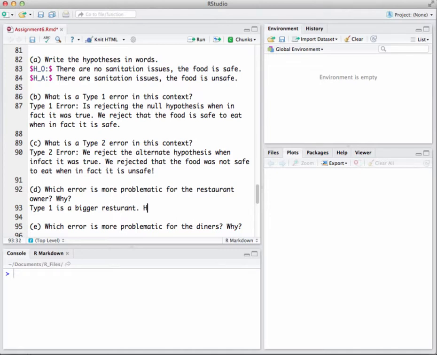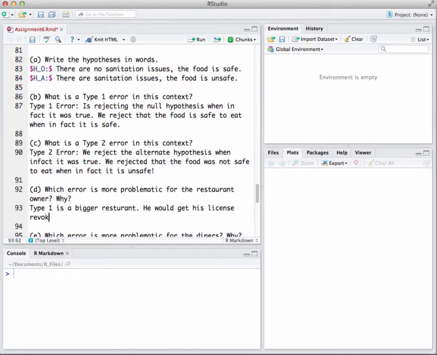Well, he, or she, would get his license revoked, right? Okay. When in fact he was serving safe food. That would be a drag for him, right?